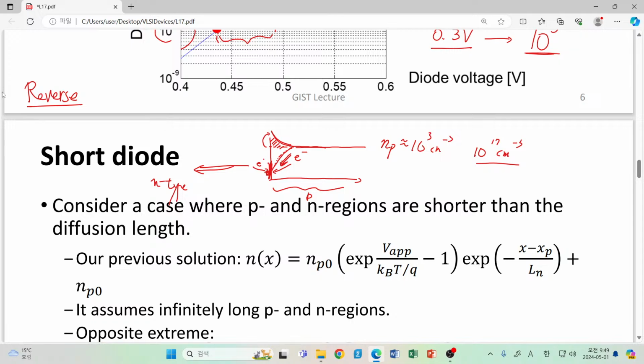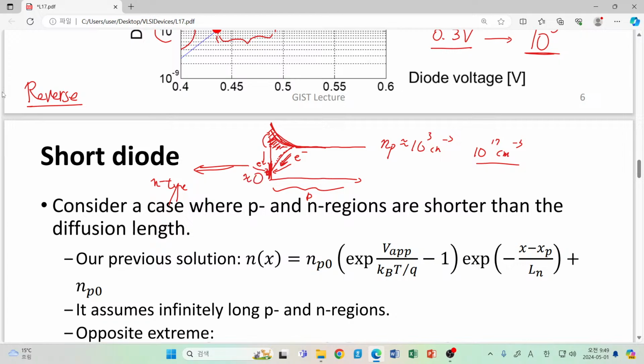For example, just applying 0.3 volt will increase your minority carrier density by a factor of 10 to the 5. So you will have quite a severe behavior of your excess charge carriers. However, if you apply reverse bias, what will happen? Yes, it will decrease, but the value you can expect as its minimum is just 0.